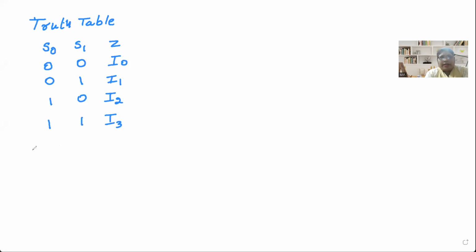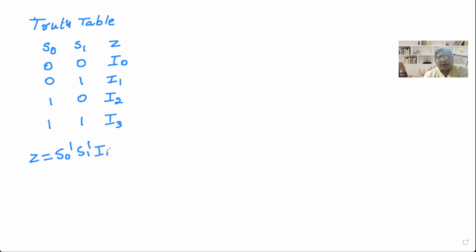Now, write the equation for this. For the 0, I can take the complement, and for the value of 1, I will take the value as it is. So you can see this is 0, 0, so I can take S0 dash, S1 dash for the 0, 0 values, and the output I want, I0, should be connected to the output.